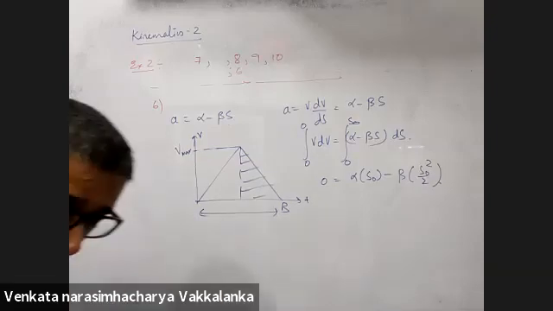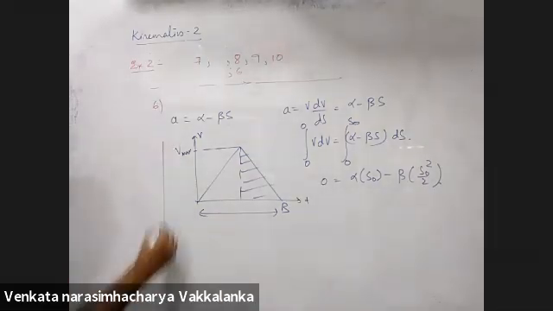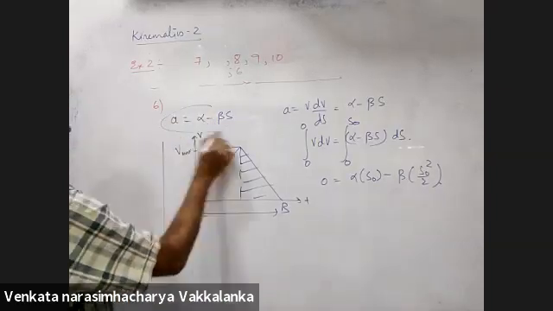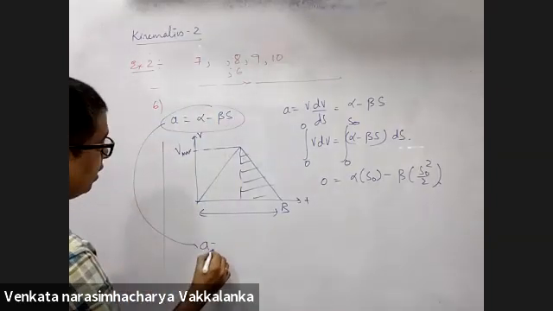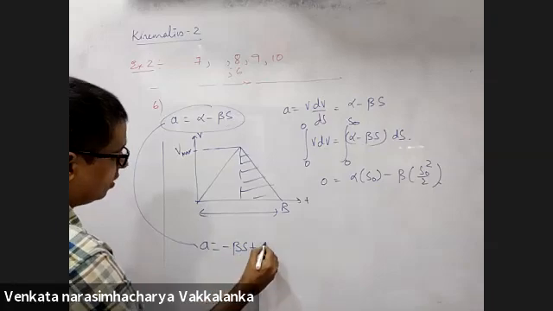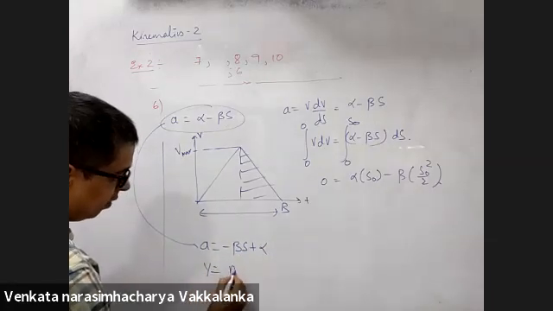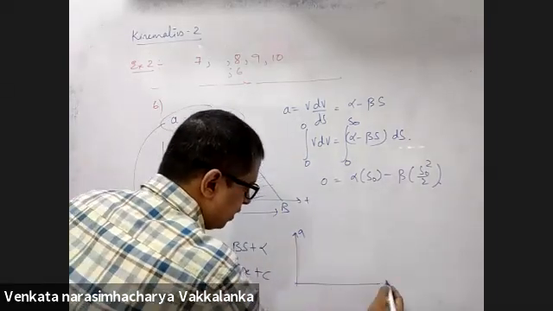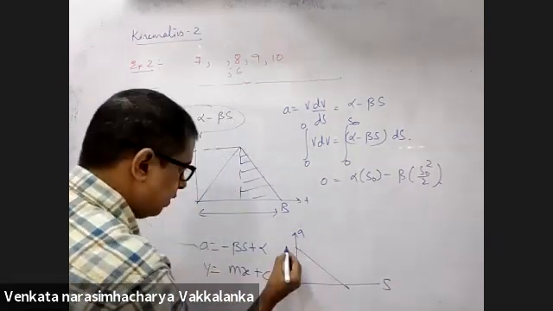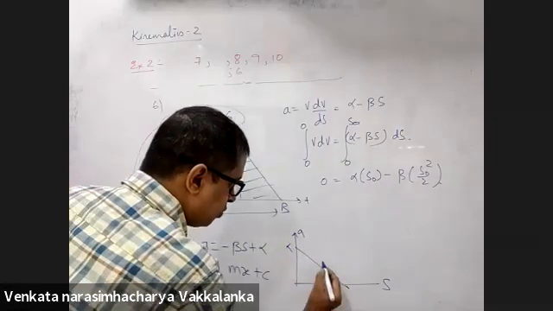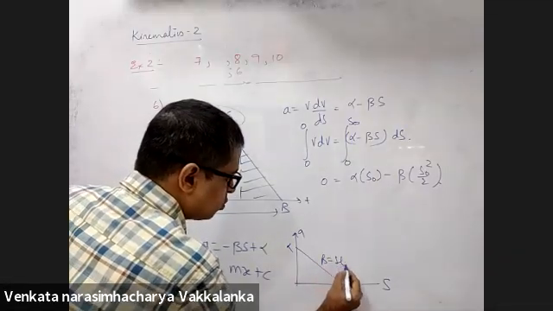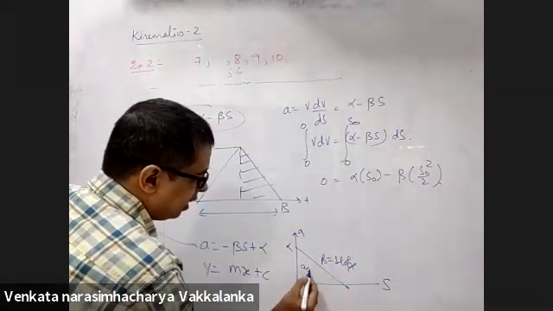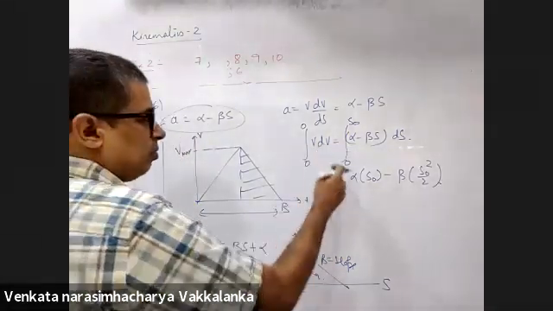I could have done one more thing. Listen, there is another way of looking at it. Can you write this equation a equal to minus beta s plus alpha as y equal to mx plus c? Can the acceleration displacement graph be this way? This is alpha, slope is minus beta.